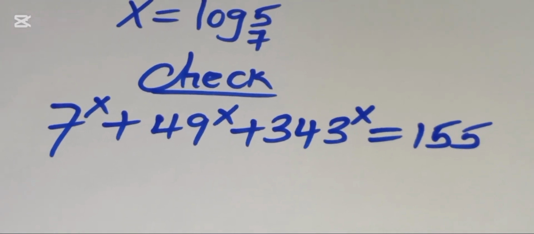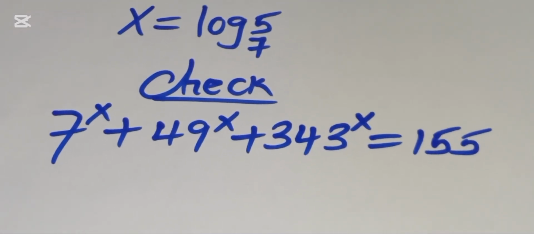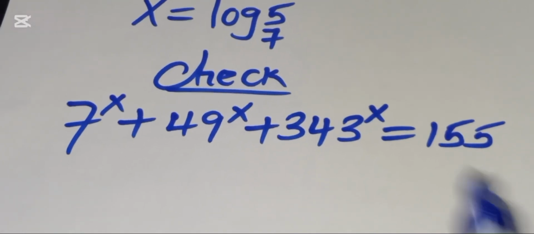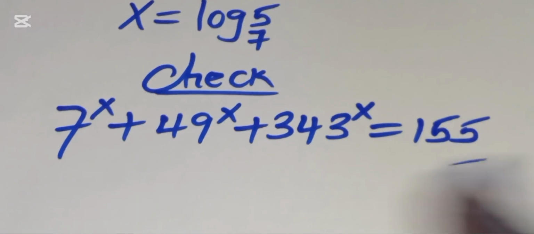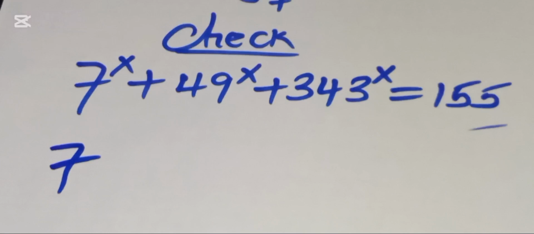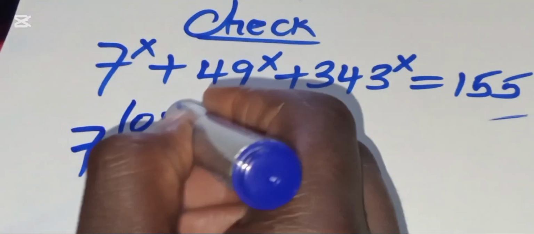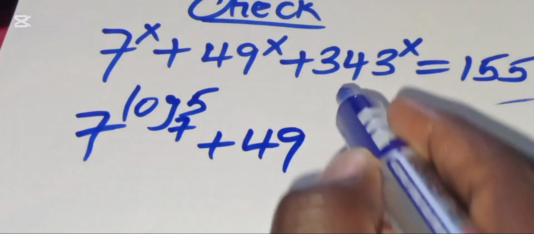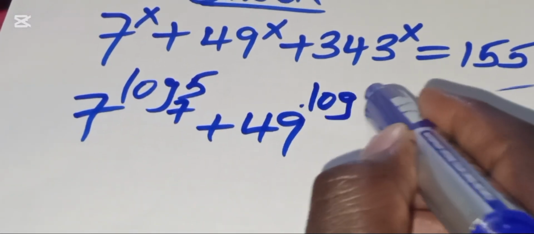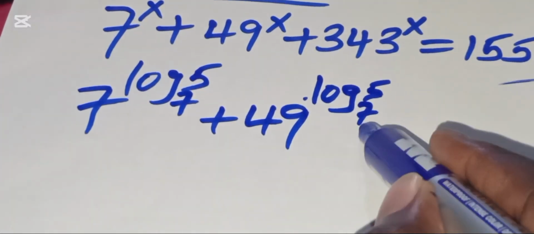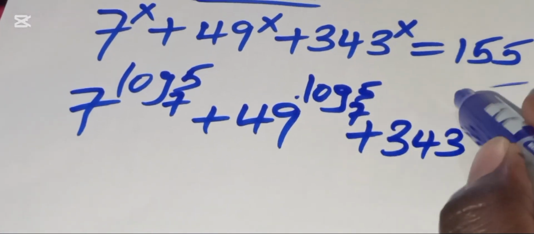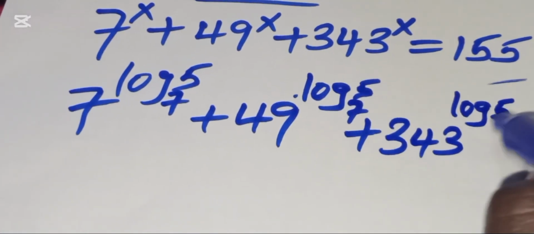As you might recall, we had 7 raised to power x plus 49 raised to power x plus 343 raised to power x equal to 155. So let's substitute this. We have 7 raised to power log 5 to base 7 plus 49 raised to power log 5 to base 7 plus 343 raised to power log 5 to base 7.